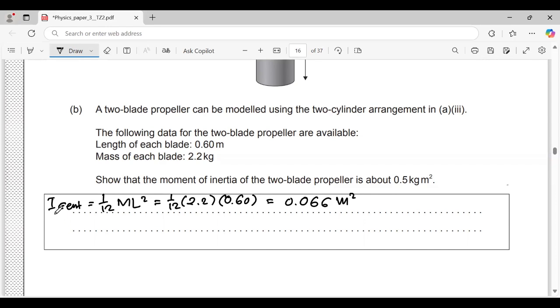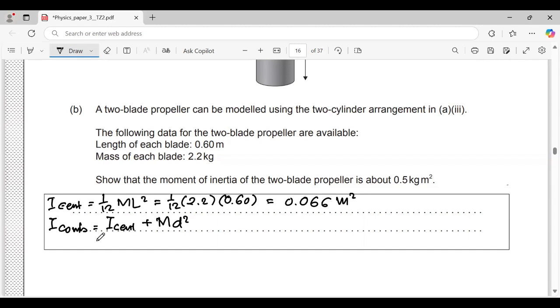Next, now moment of inertia combined is moment of inertia at center plus m d squared. It is according to the parallel axis theorem.